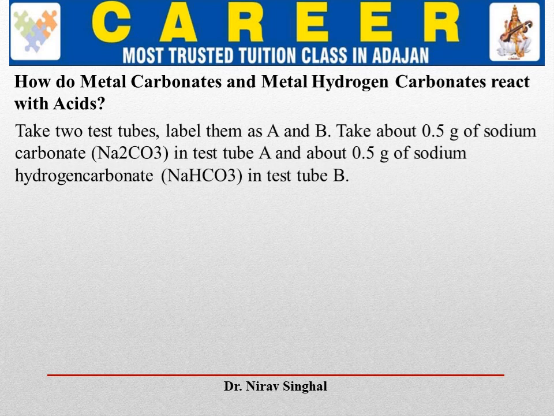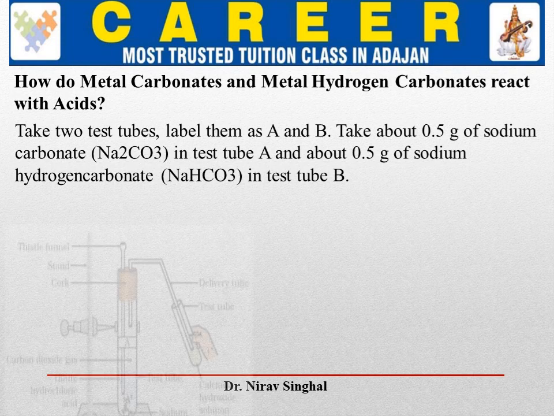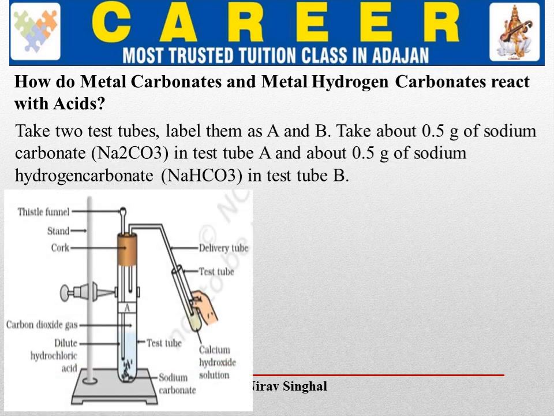Now, in order to understand that, take two different test tubes, A and B. In test tube A, add 0.5 gram of sodium carbonate, whereas in test tube B, take 0.5 gram of sodium hydrogen carbonate. तो दो अलग अलग टेस्ट ट्यूब ले लीजिए. टेस्ट ट्यूब ए में सोडियम कार्बोनेट डालिए और टेस्ट ट्यूब बी में क्या डालिए? सोडियम हाइड्रोजन कार्बोनेट.